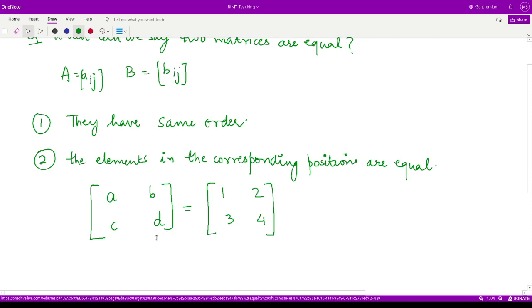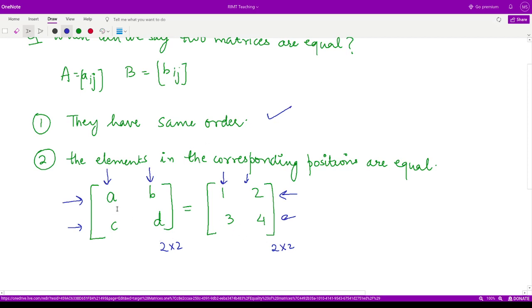When would this be possible? When the order, if you see the order for this first matrix, what is that? We have two rows and two columns. So the order is 2 cross 2. Here also we have two rows and two columns. So here also the order is 2 cross 2. So first point is satisfied. They have the same order.